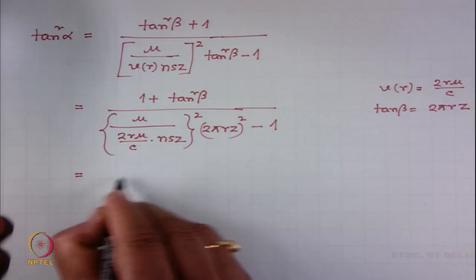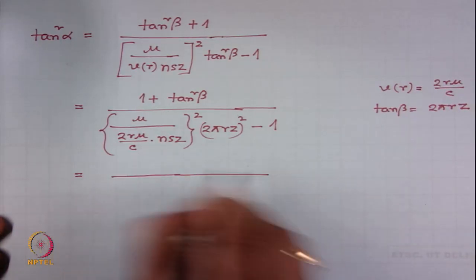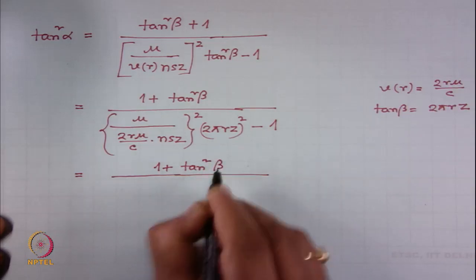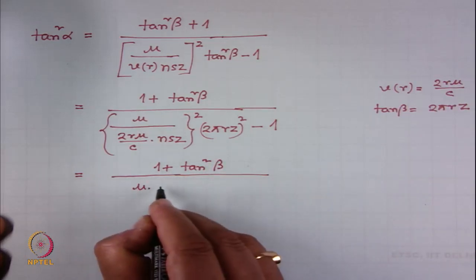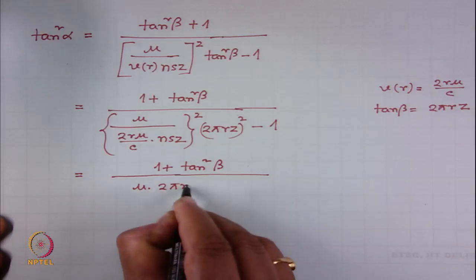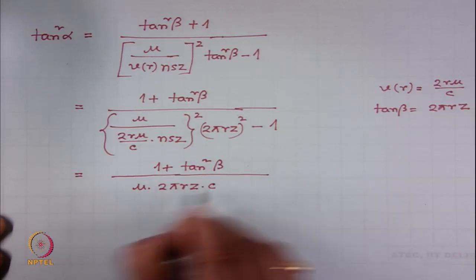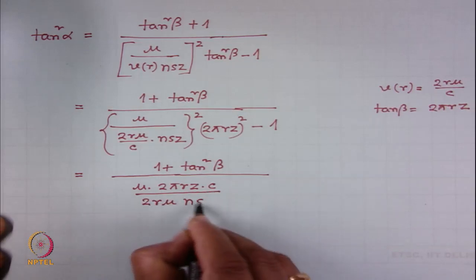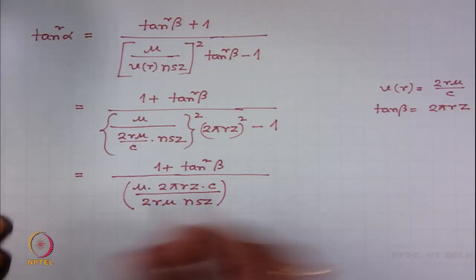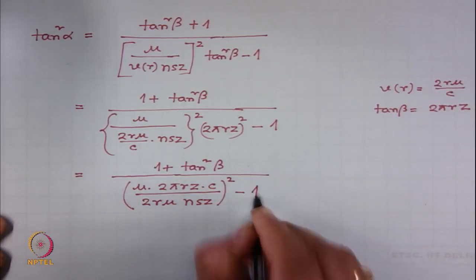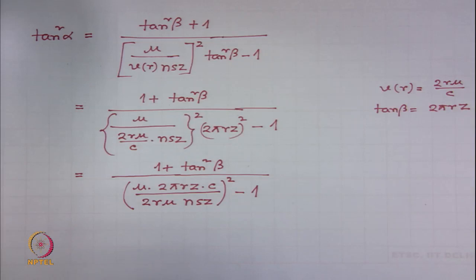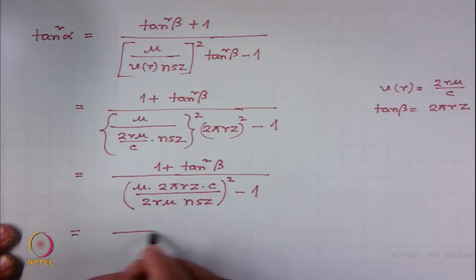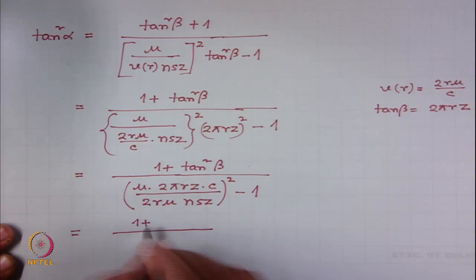So, what it becomes is 1 plus tan square beta, mu into 2 pi r z into c, 2 r mu n s z square minus 1, right. So, we would like to see what it comes out.